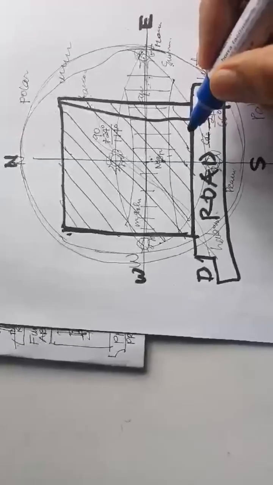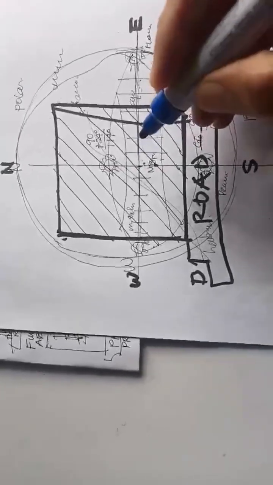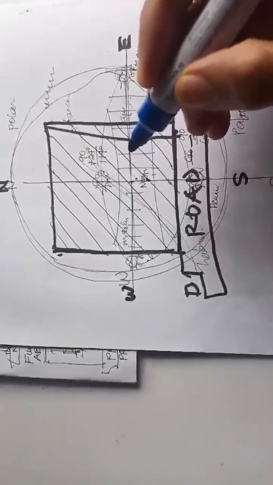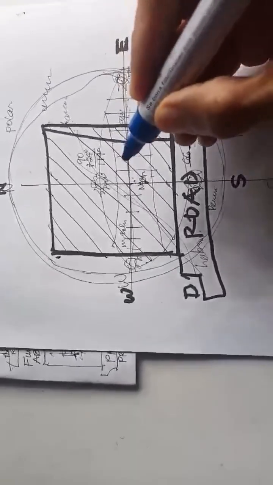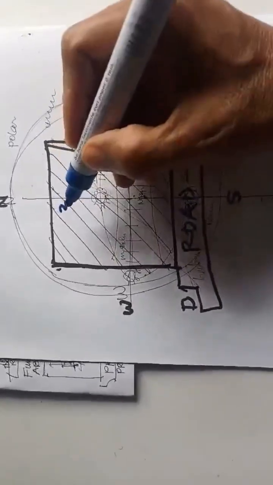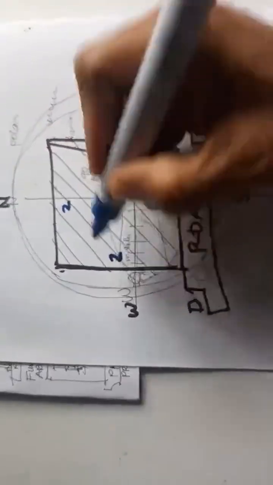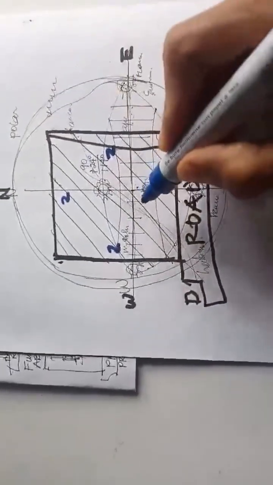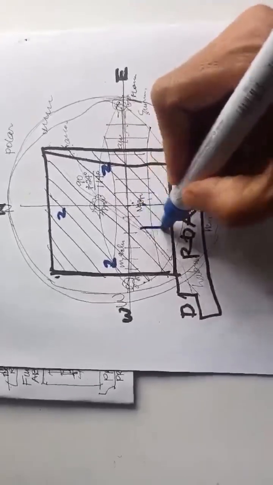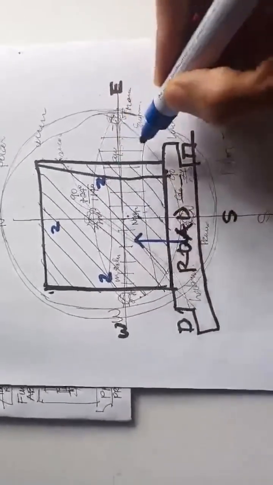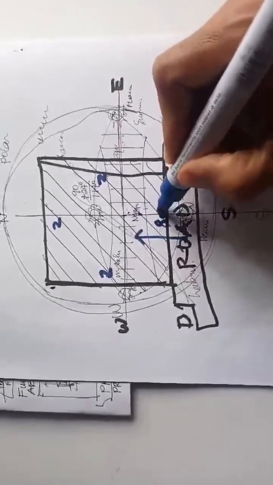Since we have the lot, now let's draw the building footprint under rule PD 1096. So the setback at the back would be 2 meters, and at both sides would be 2 meters, and at the front side, until reaching the center of the road right of way, would be 8 meters.